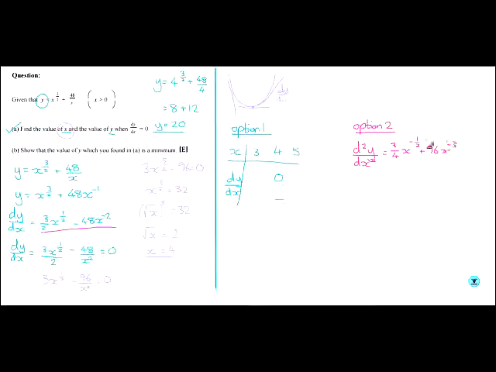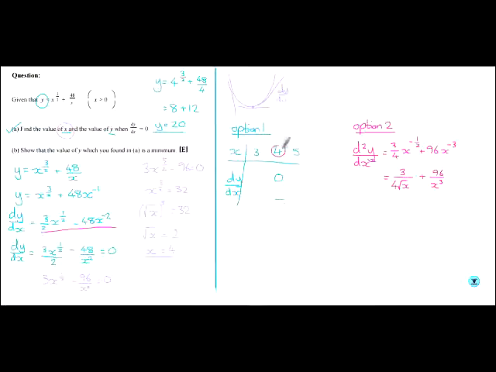Okay, I'm going to have to substitute something in, so let's rewrite all this. x to the minus half, that's 1 over the square root of x. So we're going to have 3 over 4 root x plus 96 over x cubed.